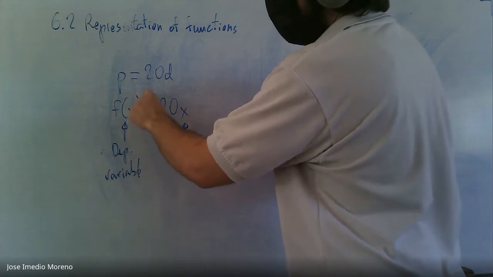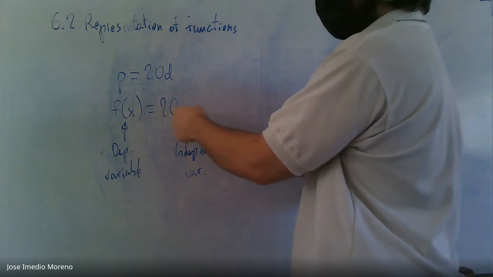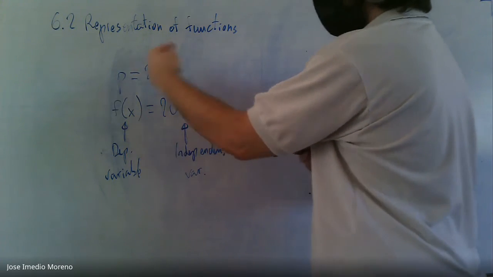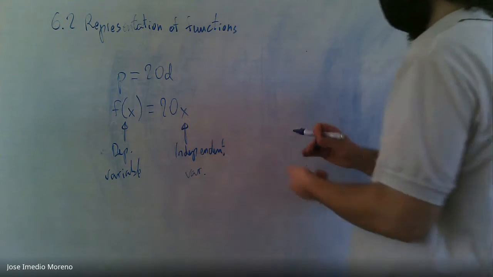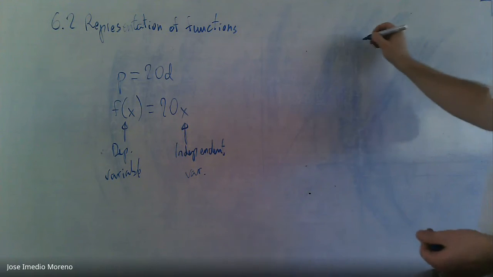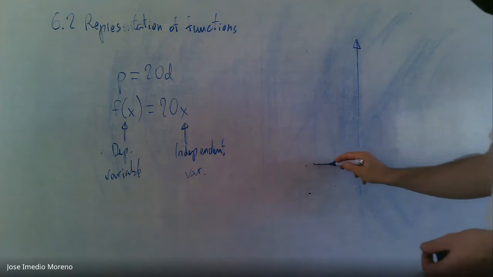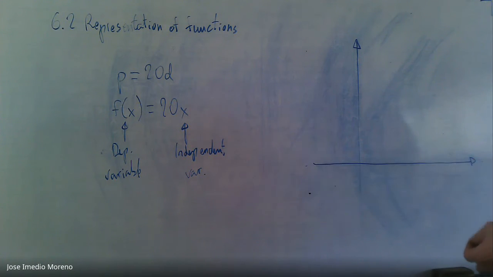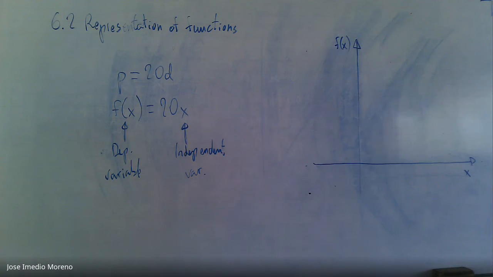The value of this is a function of the other one, so it's depending on the other one. So this is the dependent variable and the independent variable. And always, when we make a graph, the independent variable is on the horizontal axis and the dependent variable is on the vertical.